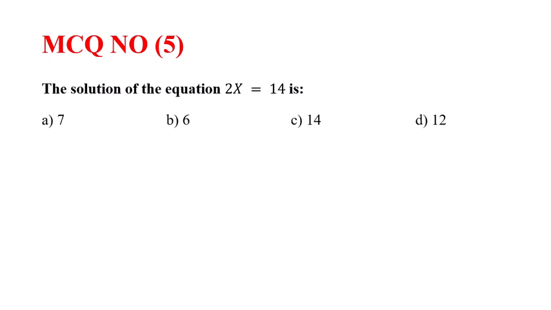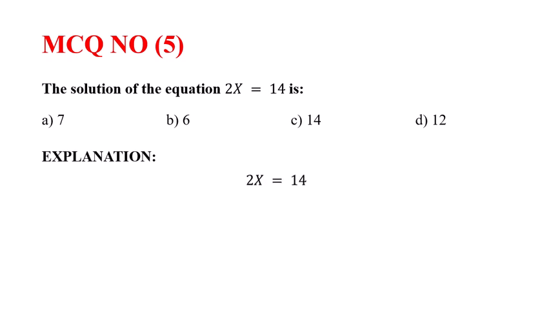MCQ number 5, the solution of the equation 2x is equal to 14 is? The given options are option A is 7, option B is 6, option C is 14 and option D is 12.